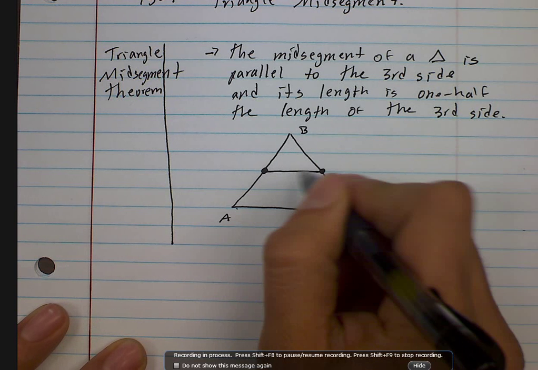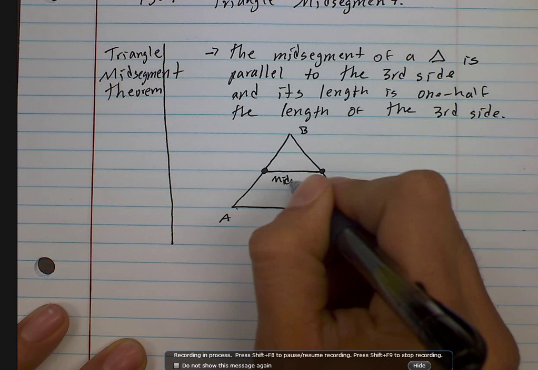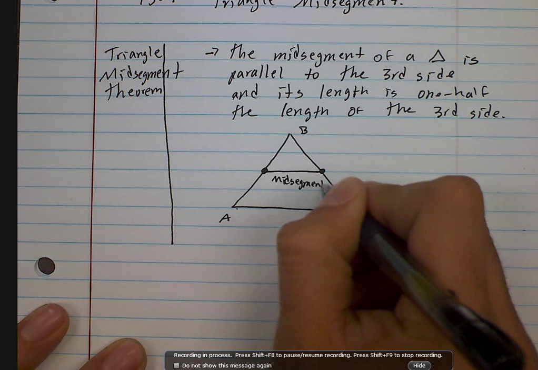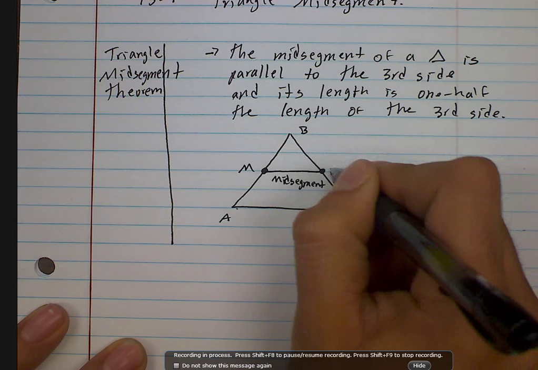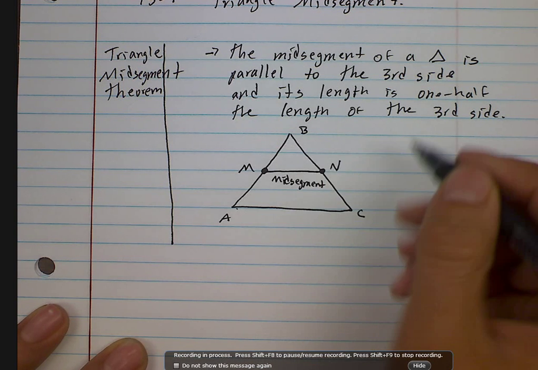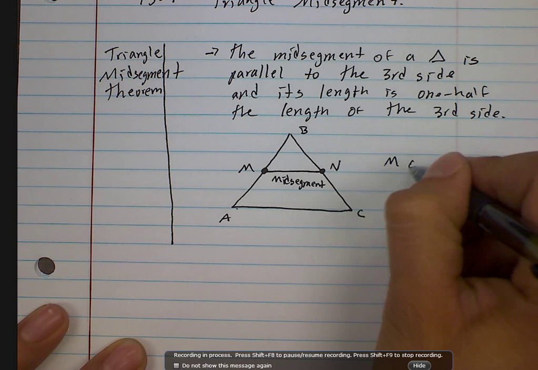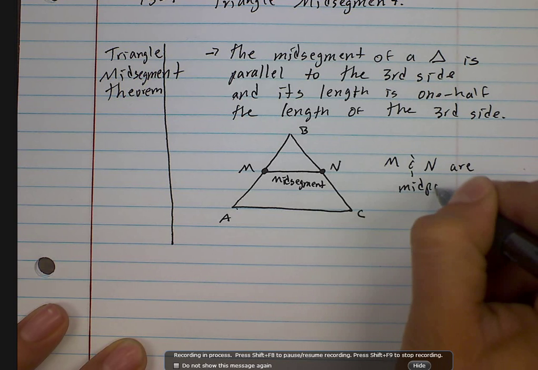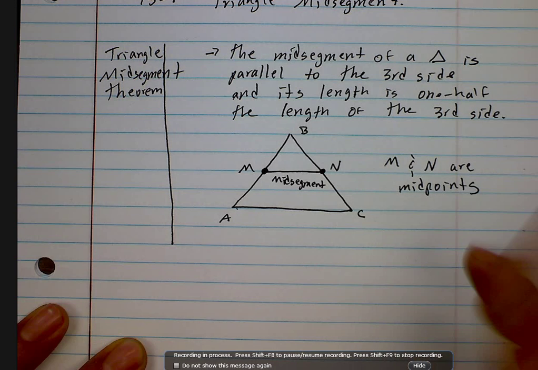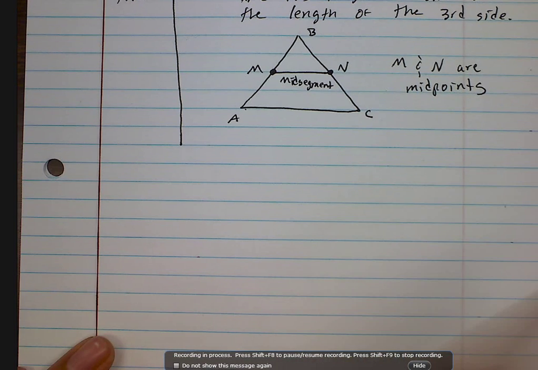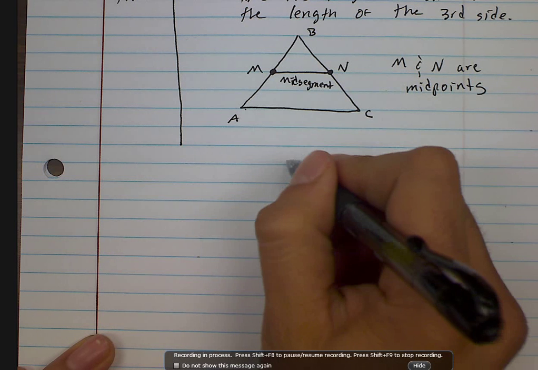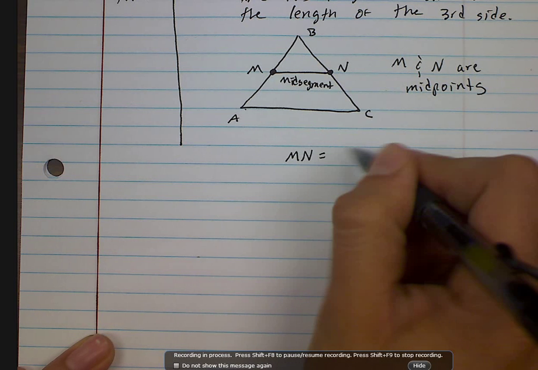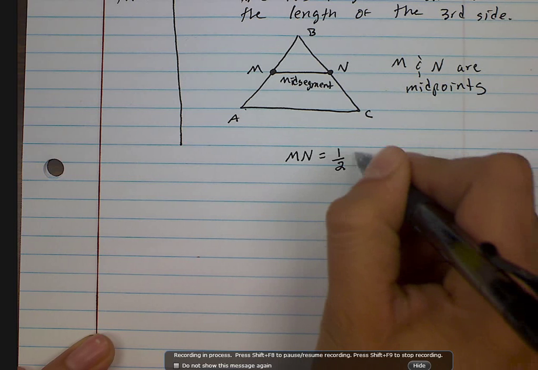We should call it M and N, where M and N are midpoints. And then what the theorem says is that MN is equal to 1/2 of whatever AC is.